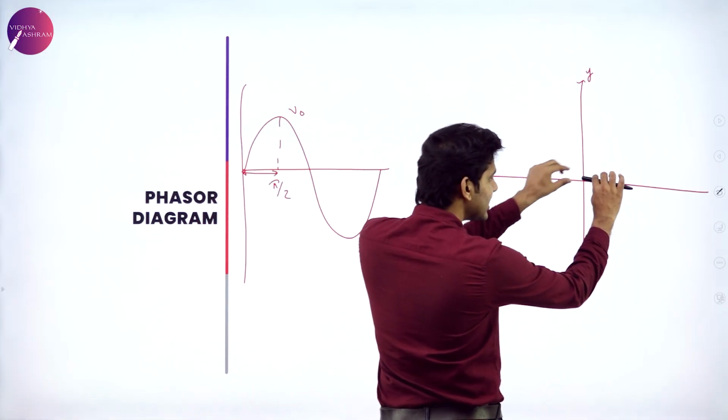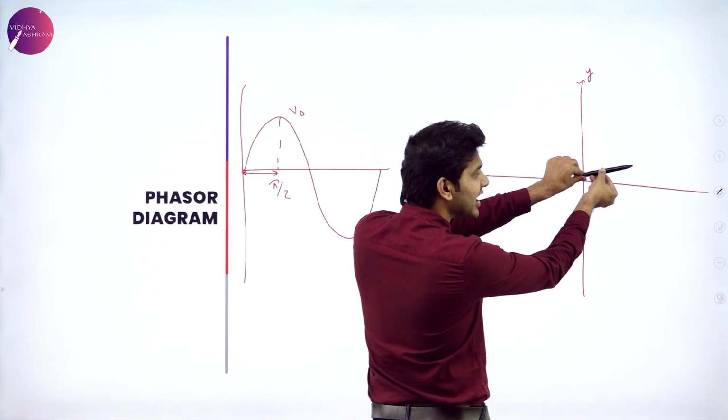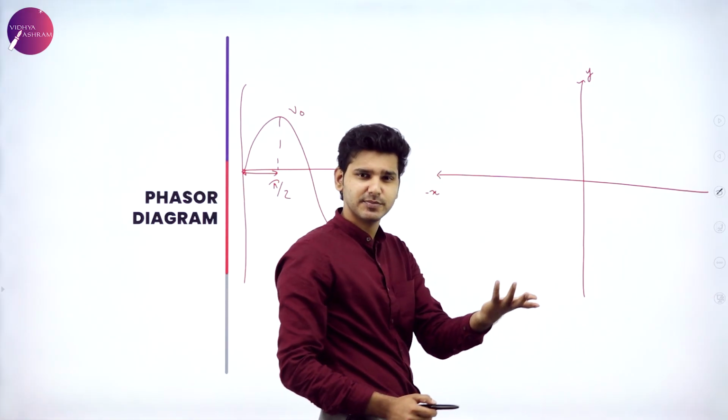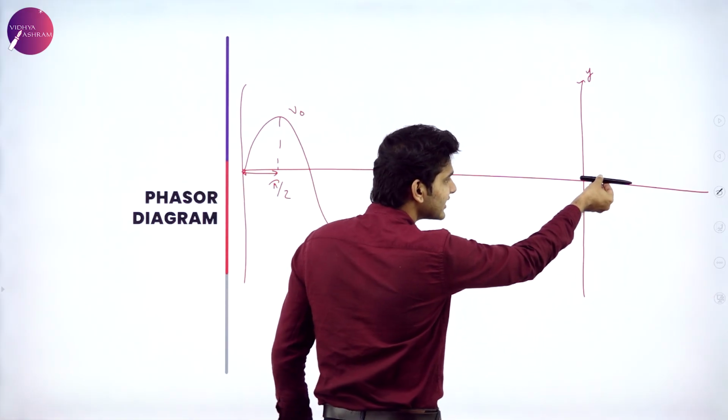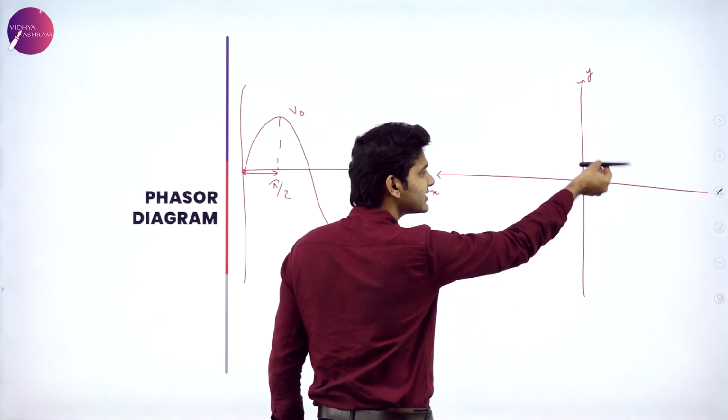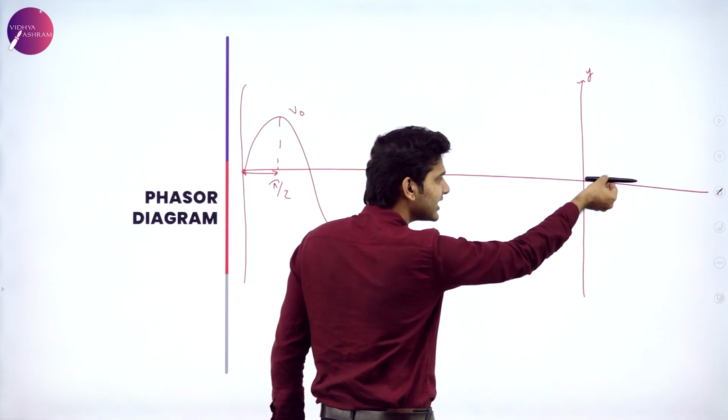Here the vector will rotate according to a particular angle. If this is pi by 2 or simply 90 degrees, then this vector will rotate 90 degrees, or let's say 30 degrees.